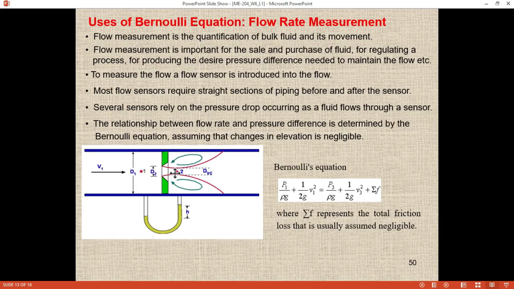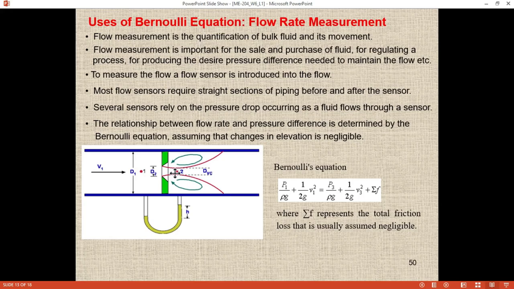The energy will be lost in the form of heat and noise, so we cannot ignore that. But in the ideal condition, where the fluids are ideal, we do not consider such losses, so the total energy at point 1 will be equal to the total energy at point 3. Here we apply the Bernoulli equation.